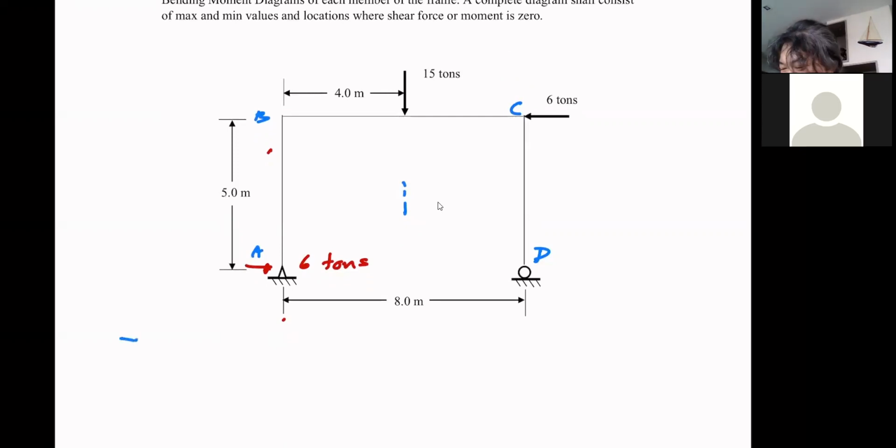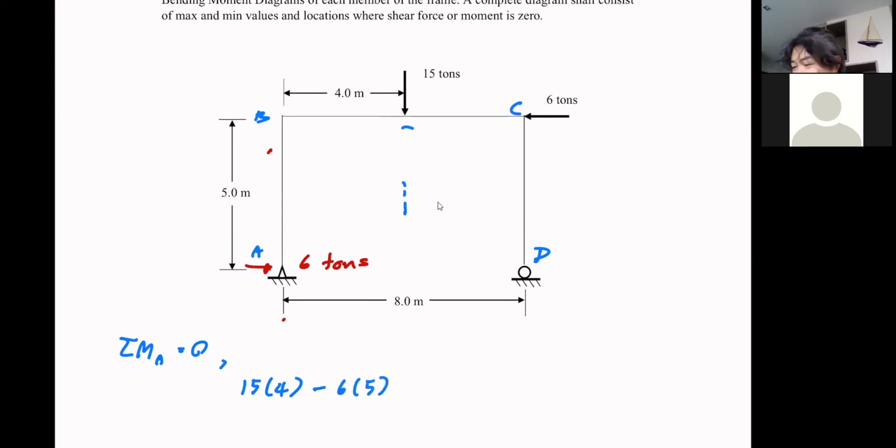Okay, sigma MA equal to 0. So now I can see right away that 15 tons multiplied by 4 is going to be the moment caused by this. So let's say I say that one is positive. So 6 tons is going to cause counterclockwise, so it's minus 6 multiplied by the moment arm, that is 5.